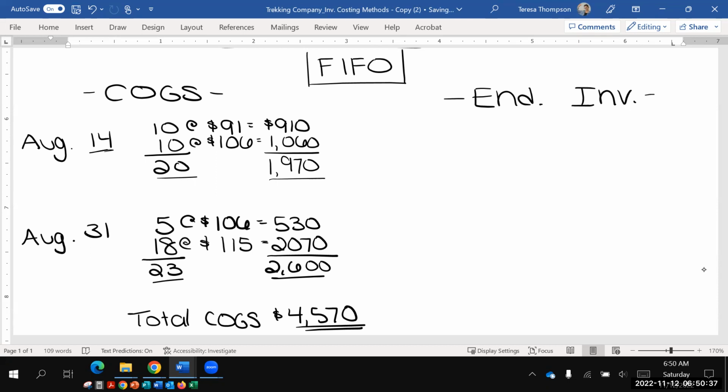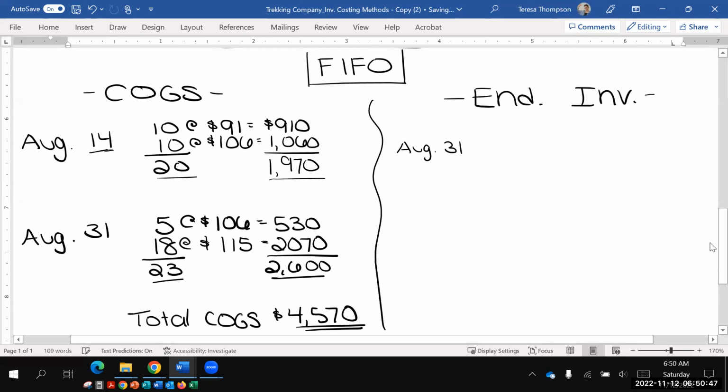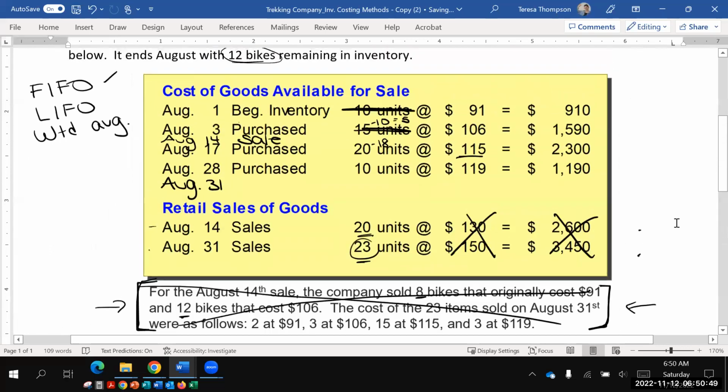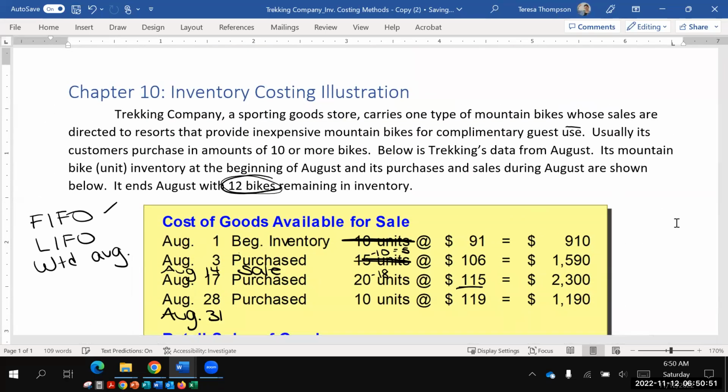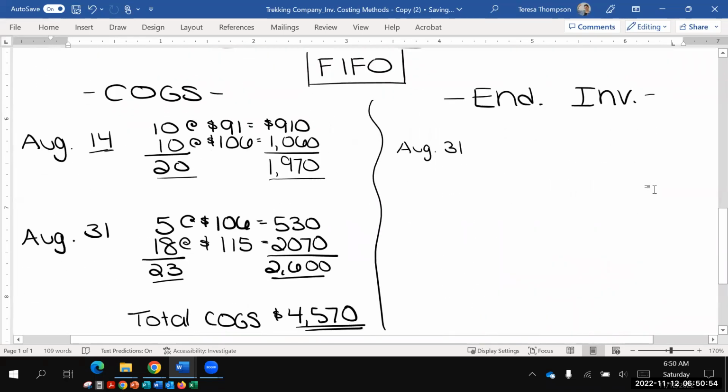All right, we have one more piece to this puzzle, and that's our ending inventory. Okay, so it's to figure out what do we have left at the end of the period. Well, they told us that we have 12 units left. We just need to figure out what's the cost of those 12 units. So again, I approach it the same way.